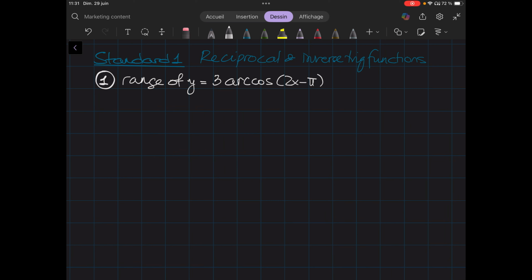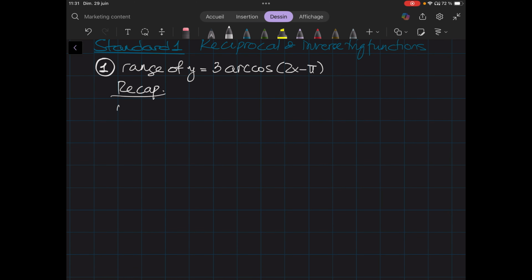Question 1. We would like to find the range of the function y equals 3 arccos of 2x minus pi. Quick recap. Here is the graph of y equals arccos of x.